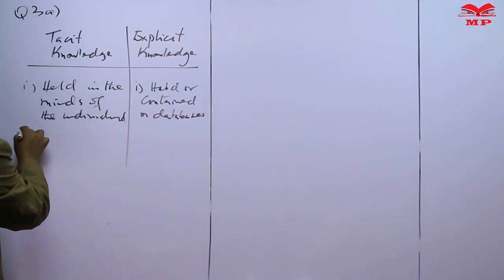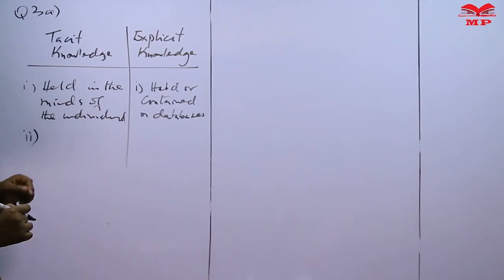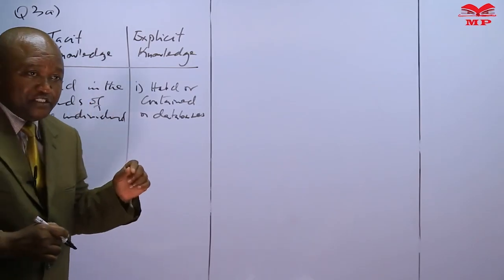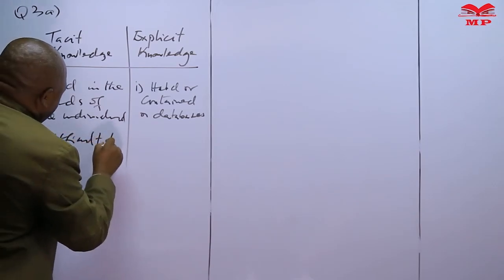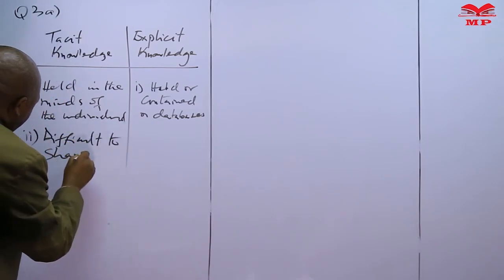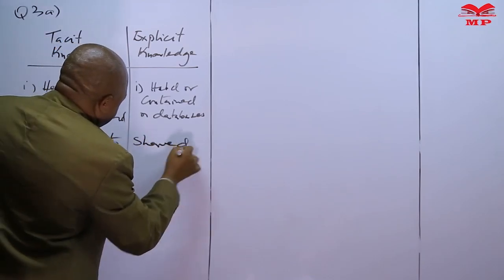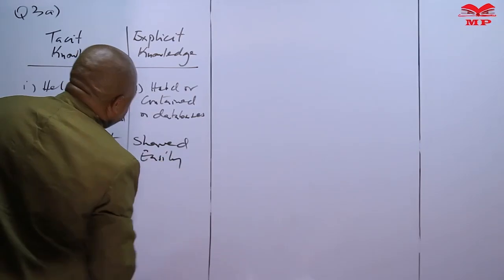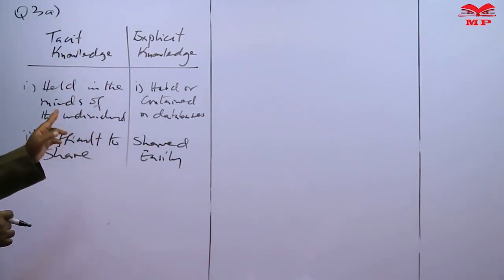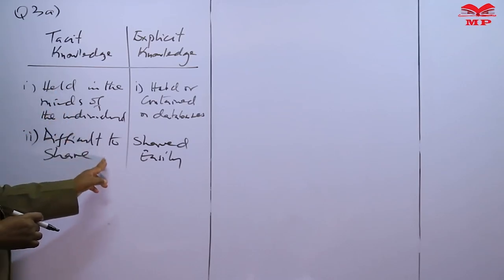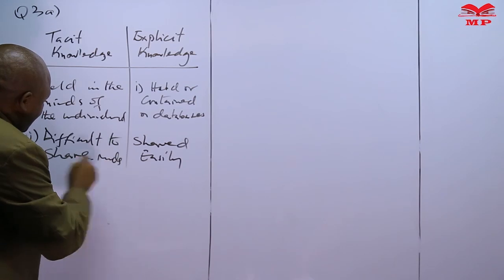Now, secondly, the other difference between tacit knowledge and explicit knowledge is that tacit knowledge is difficult to share, whereas explicit knowledge can be shared easily. What this implies is that tacit knowledge is contained in the minds of employees.